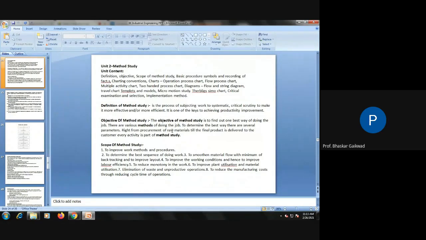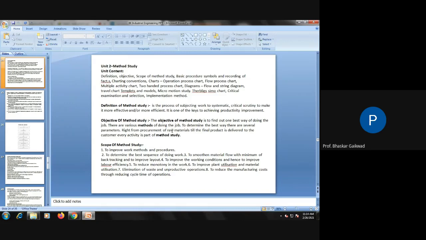The definitions, objective, scope of method study, procedure similar to work study, different types of charts and diagrams. In the same unit, we will study micro motion study using the SIMO chart, and using therbligs, critical examination and implementation of the newly developed methods.